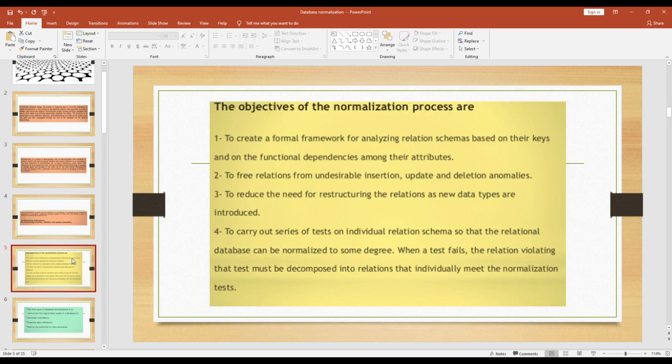To reduce the need for restructuring the relations as new data types are introduced. 4. To carry out a series of tests on individual relation schemas so that the relational database can be normalized to some degree. When a test fails, the relation violating that test must be decomposed into relations that individually meet the normalization test.